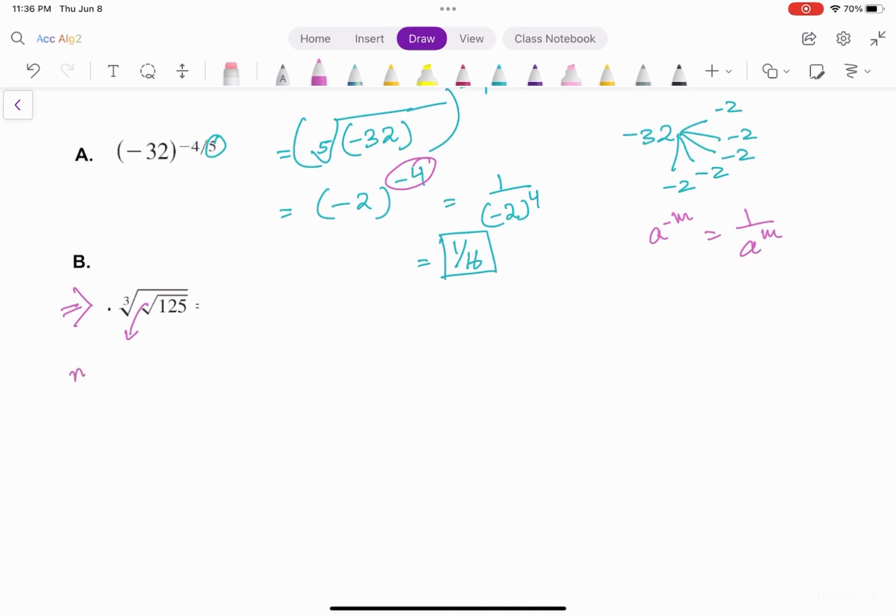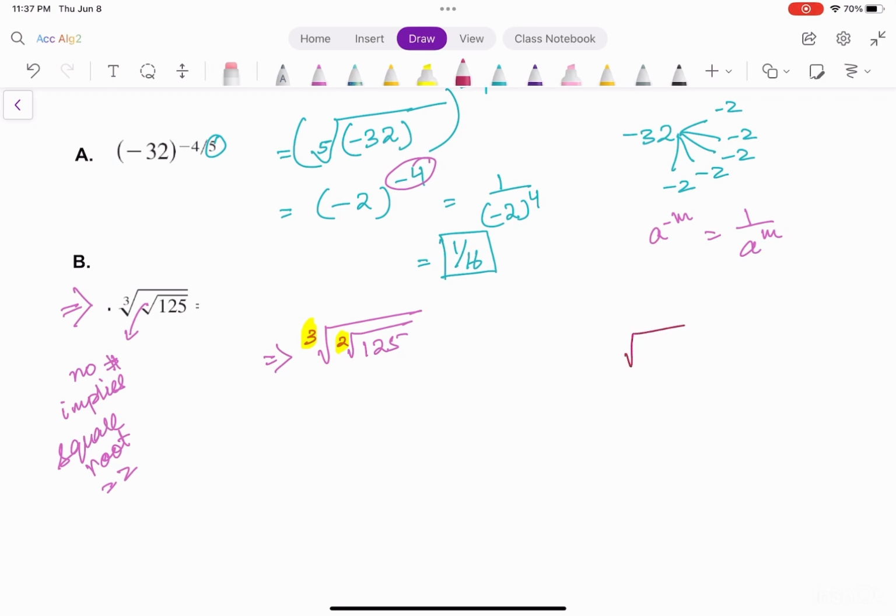And the outside index is 3. So because no number is there, that is why it is a square root. So we can write 3 times 2. Yeah. So 3 times 2, which is 6.